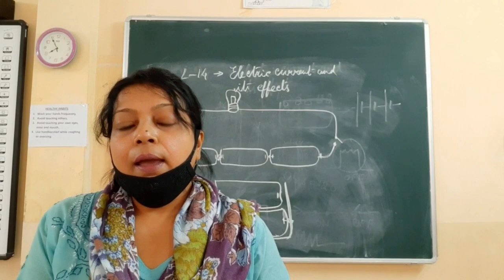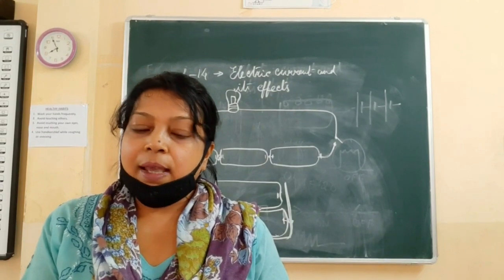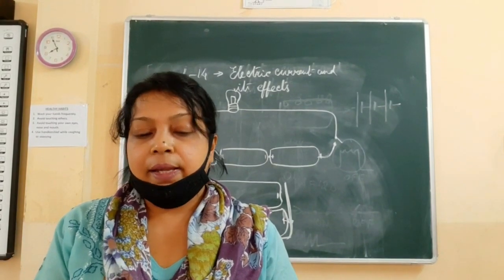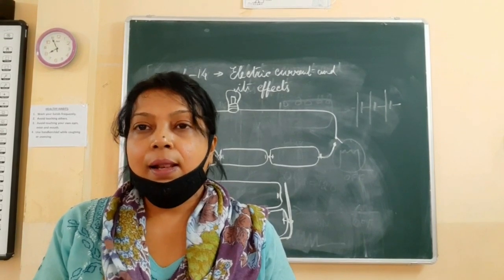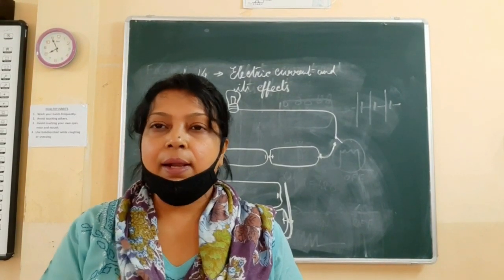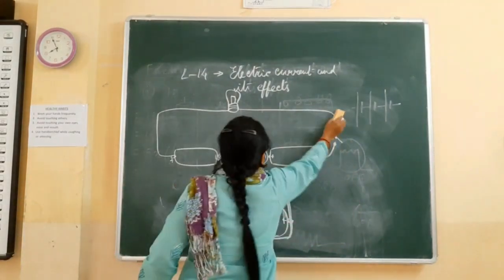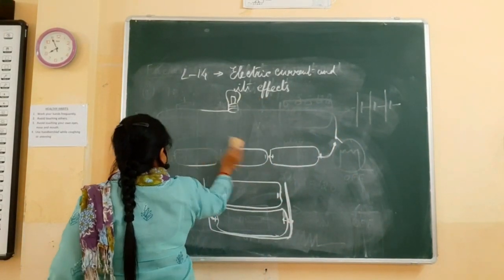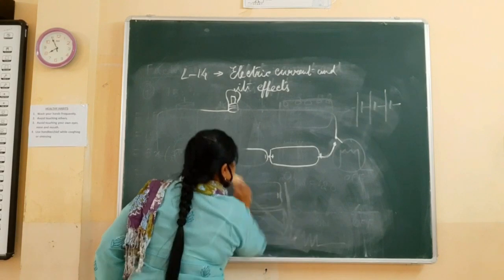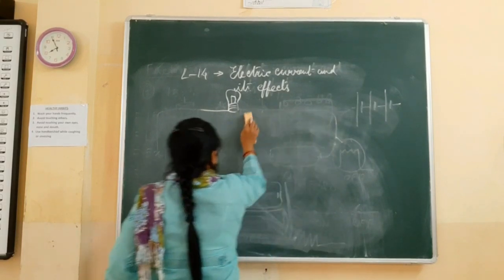Next you see the batteries in which cells are connected in a parallel way. That is called the parallel connection. How are they connected?